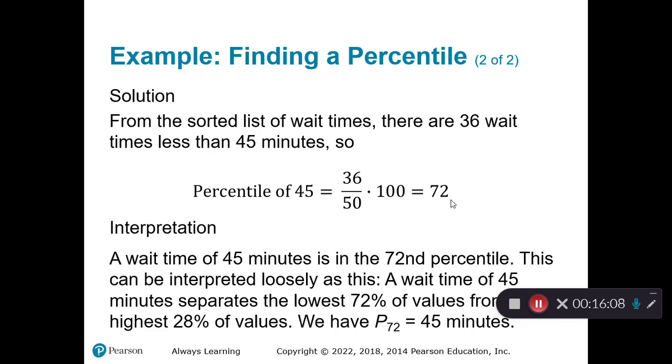What this tells us is that 72% of the values in this data set are smaller than the value of 45. So in other words, 72% of the wait times for this ride are shorter than 45 minutes. Notice that a way of writing this a little bit more concisely is that we can say that P sub 72, or the 72nd percentile, is equal to 45.